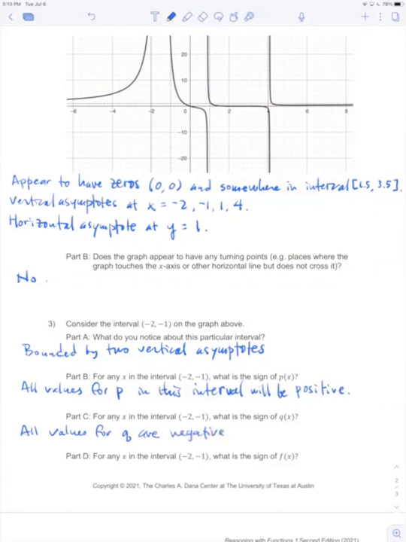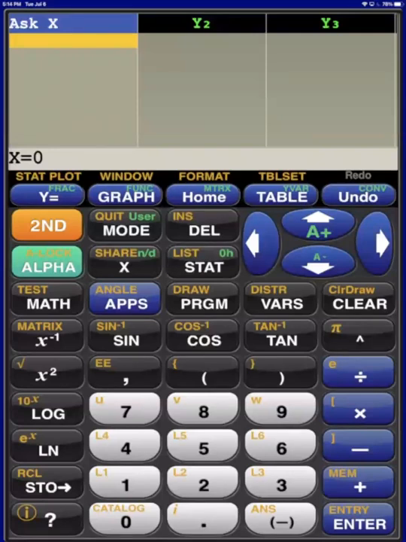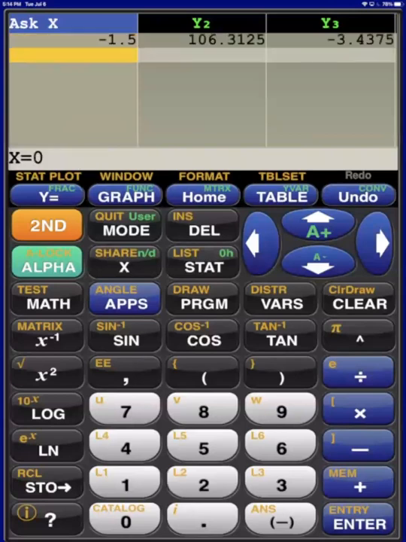There's various ways that we can go about doing this, but let me just show you one way here. On the calculator, I have both of these entered into my y = screen. P is y2 and Q is y3. I'm just going to go to the table here. It says the interval between -2 and -1, so I'm just going to put -3/2, -1.5 here. Enter that in.